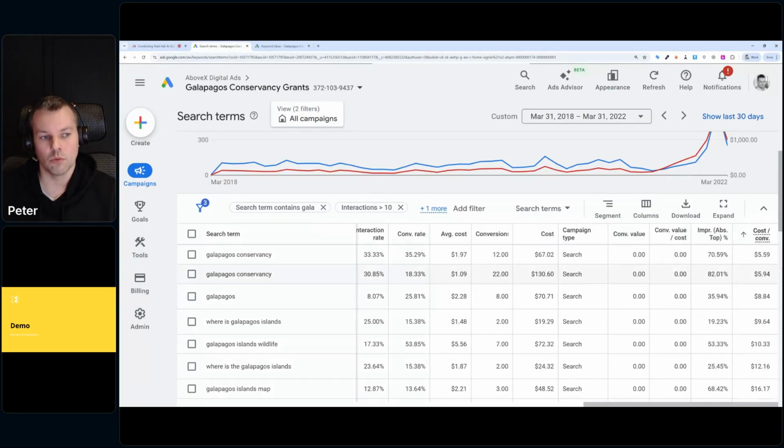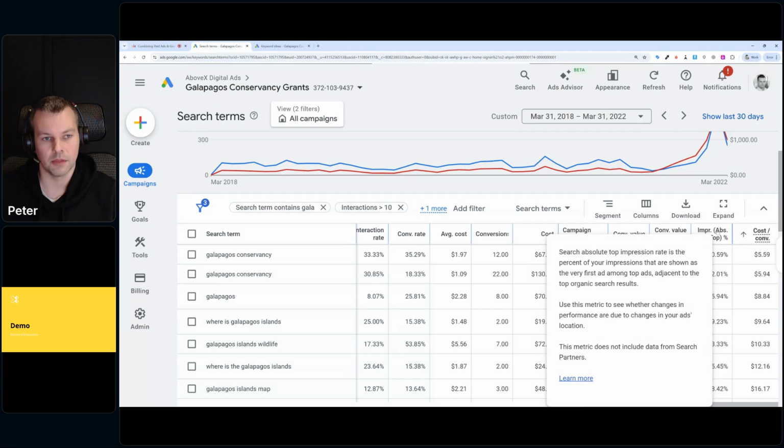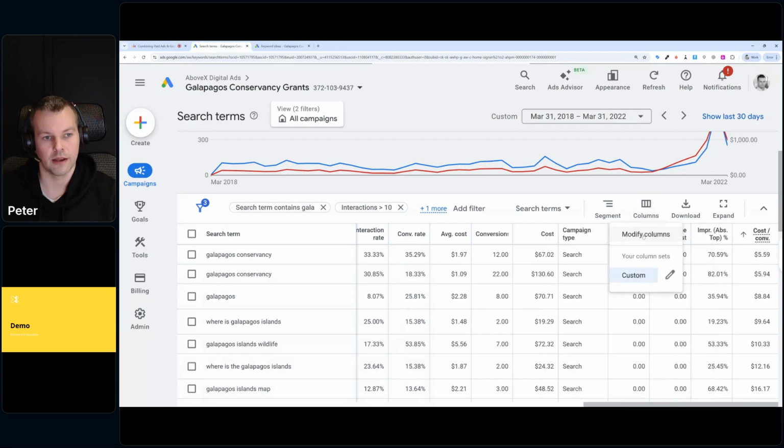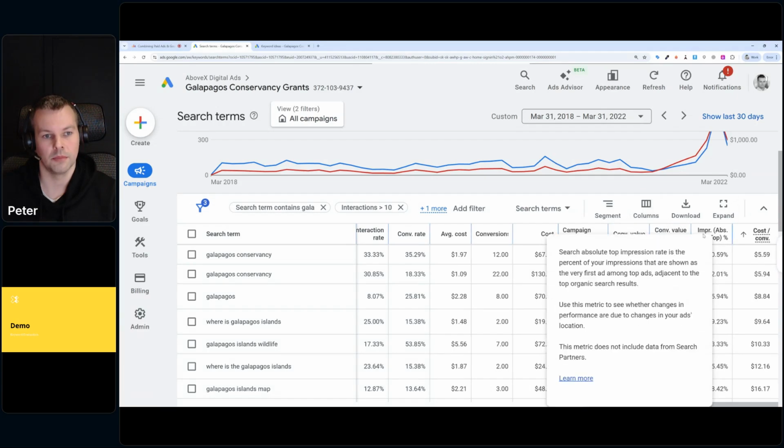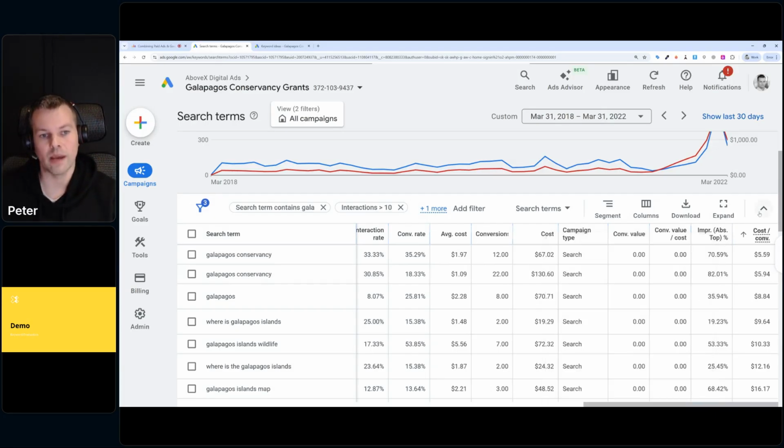And now, what to do about it? Well, you can add this column here. If you go to columns, modify columns, you can add a column named impressions, absolute top, which is the percentage of cases when our ads on that search term appeared as an absolute top result.